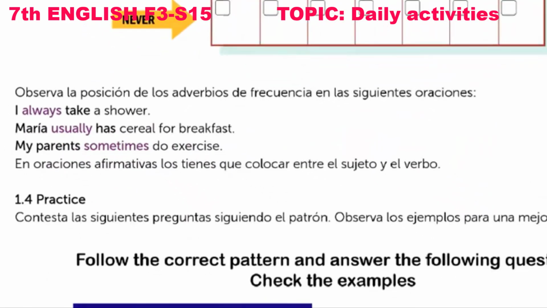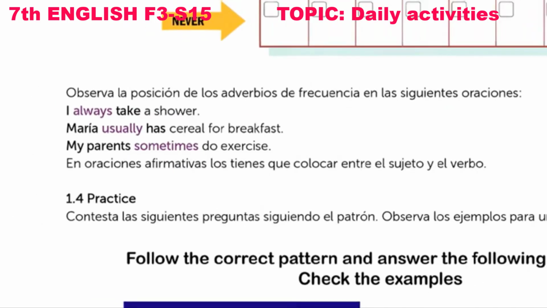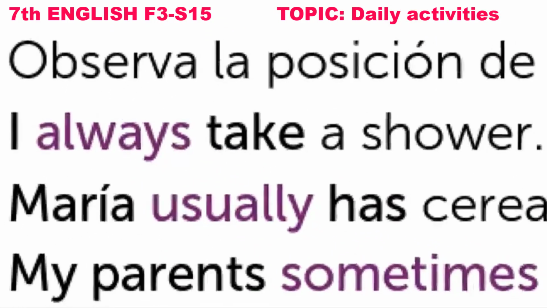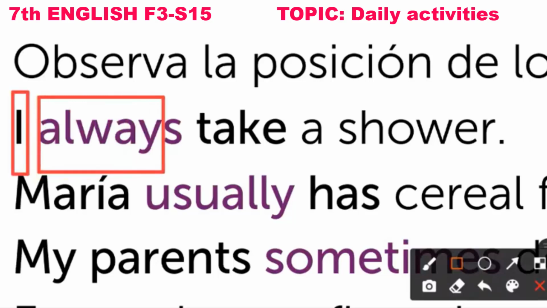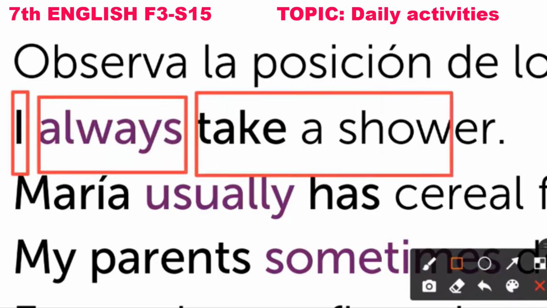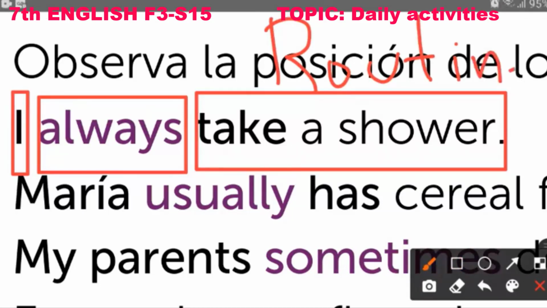Observa la posición de los adverbios de frecuencia en las siguientes oraciones. Attention here. I always take a shower. Okay, take a shower here is the routine. Esta es la rutina. Darse un baño.